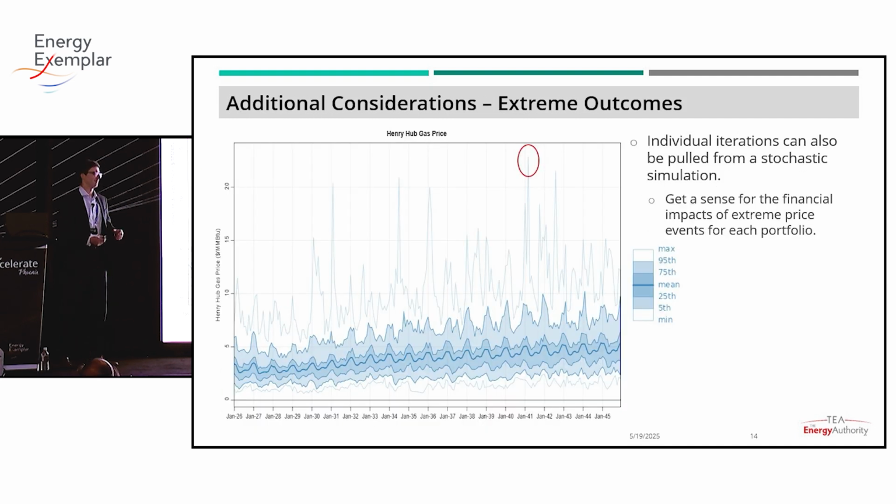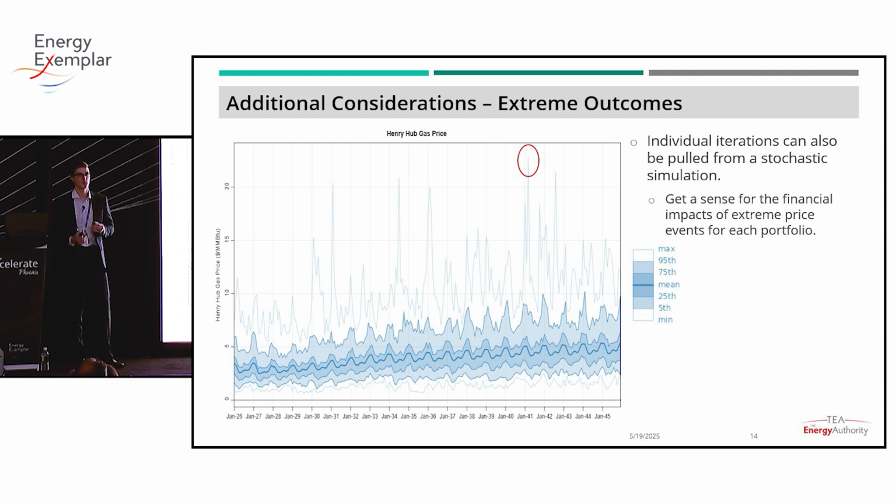Now, another benefit from doing this sort of stochastic analysis for an IRP study is we can actually go into some extreme outcomes for commodity prices and pull the individual iterations that we simulated and determine what's the impact of having an extreme event as far as power prices go or gas prices go.